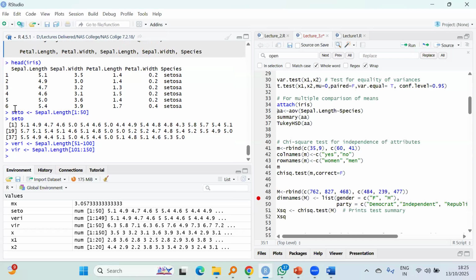So in this case you have this particular variable, one variable is this one, one variable is this one, and one variable is this one. So for all these 3 variables you have to check the normality.